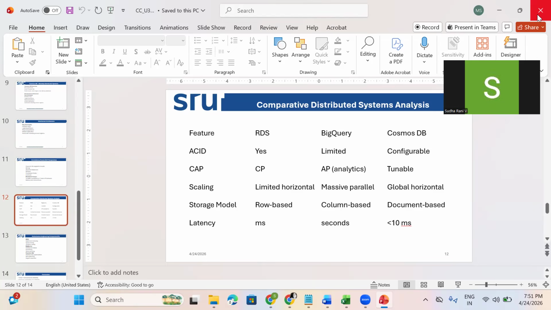For scaling, RDS is limited horizontal, BigQuery is massively parallel, and CosmosDB is global horizontal. For the storage model, RDS goes with row-based storage, BigQuery with column-based, and CosmosDB with document-based. For latency, RDS is in milliseconds, BigQuery is in seconds, and CosmosDB is less than 10 milliseconds.